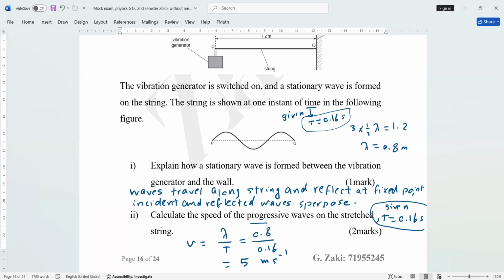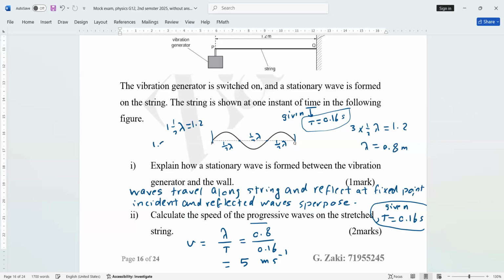Again, look, from this to this, it's a half lambda. And from this to this, it's a half lambda. And from this to this, it's a half lambda. So this is 1.5 lambda from B to Q. 1.5 lambda equals 1.2, the distance BQ.